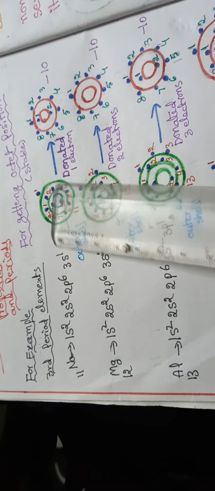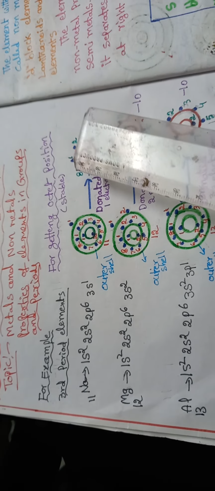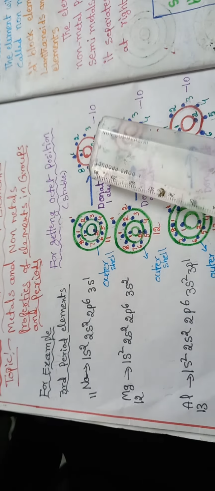When this 1 electron is donated to others, the remaining electrons are 10. Then sodium gets stability. So octet position is there. Octet means 8 electrons. The remaining main shell contains 8 electrons, so the sodium atom gets the octet position.